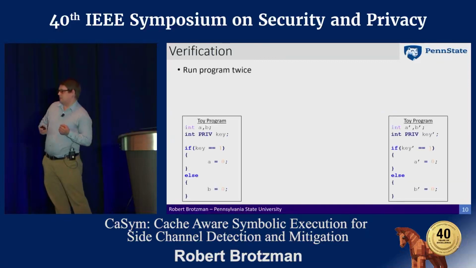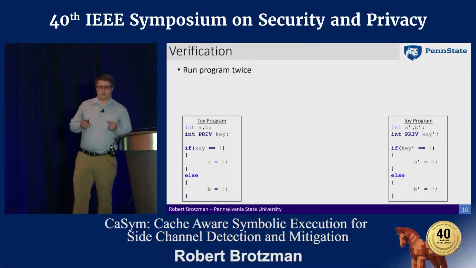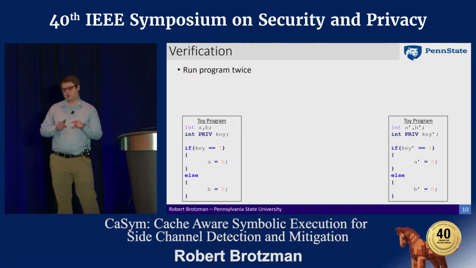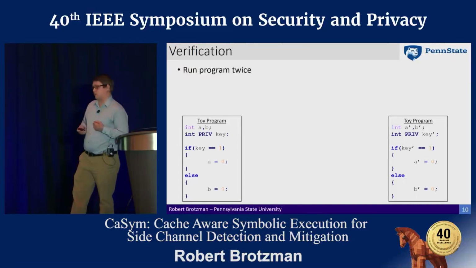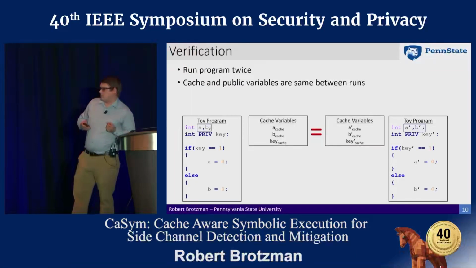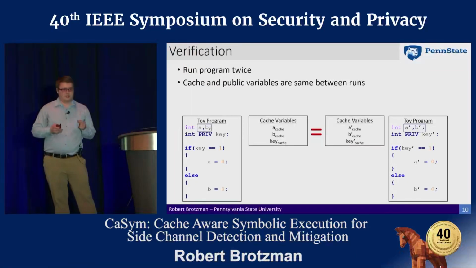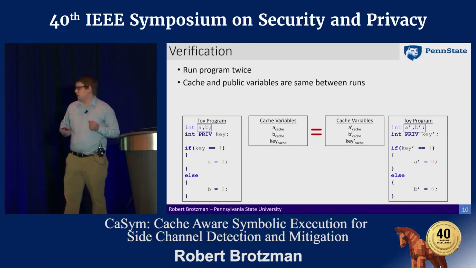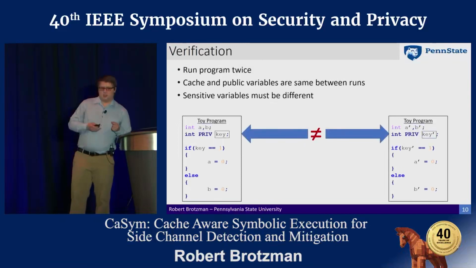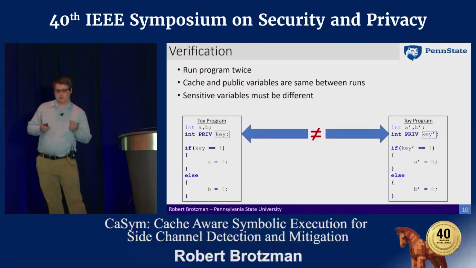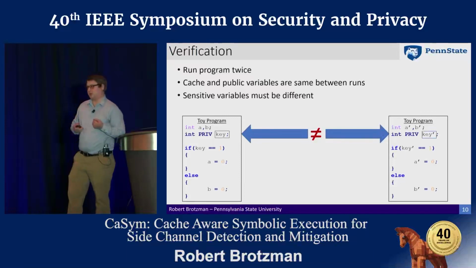So the verification step is going to require us to take a program, start off with the original program, and then duplicate the program, renaming all of the variables, so we run the program twice. Initially, all of the public variables and the cache variables are equal, and only the sensitive data will be different, so the SMT solver will be able to select two different values for the private data.